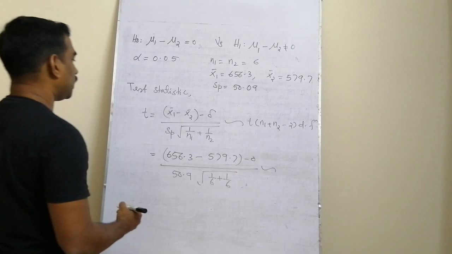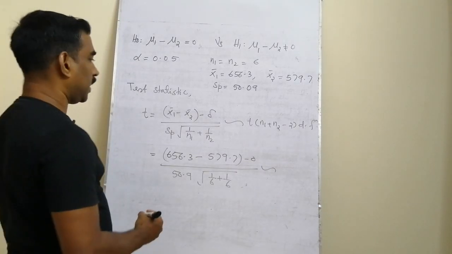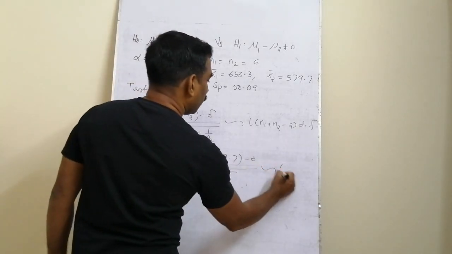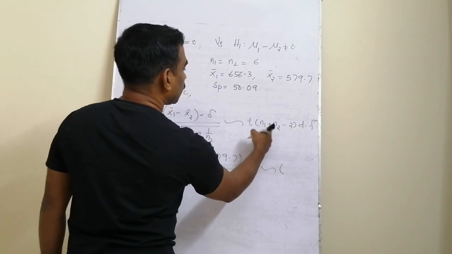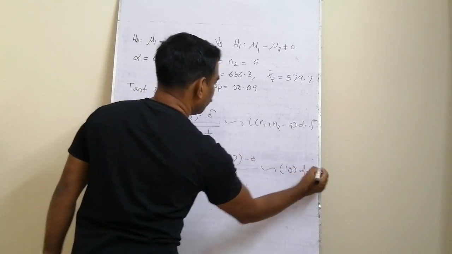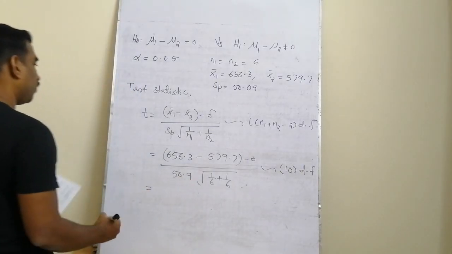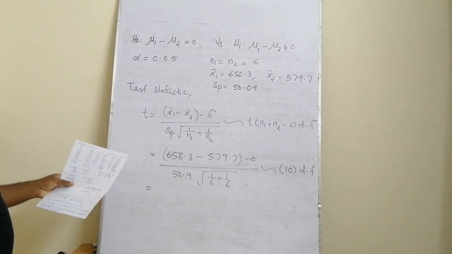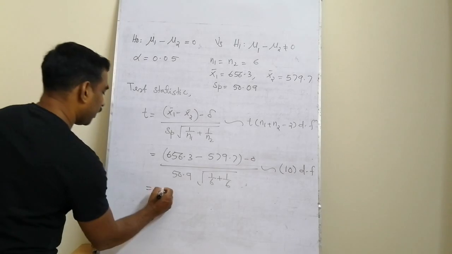So this computed number is a value of a T statistic with degrees of freedom n1 plus n2 minus 2, that is 6 plus 6, 12 minus 2, that is 10 degrees of freedom. So for 10 degrees of freedom, the computed figure T becomes 2.65.